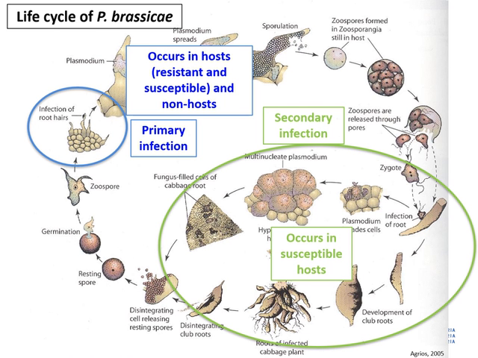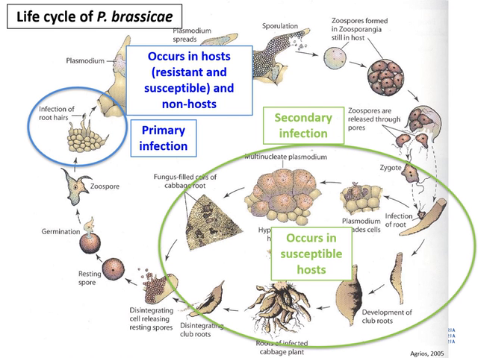The secondary infection cycle is what is very important in terms of the disease and the reduction of yield and symptoms on the plant. And this occurs in susceptible hosts. So this is where the clubs on the roots are actually formed, where the zoospores are released through pores, they form a zygote, the zygote infects the roots, and then continues to form a secondary plasmodium.